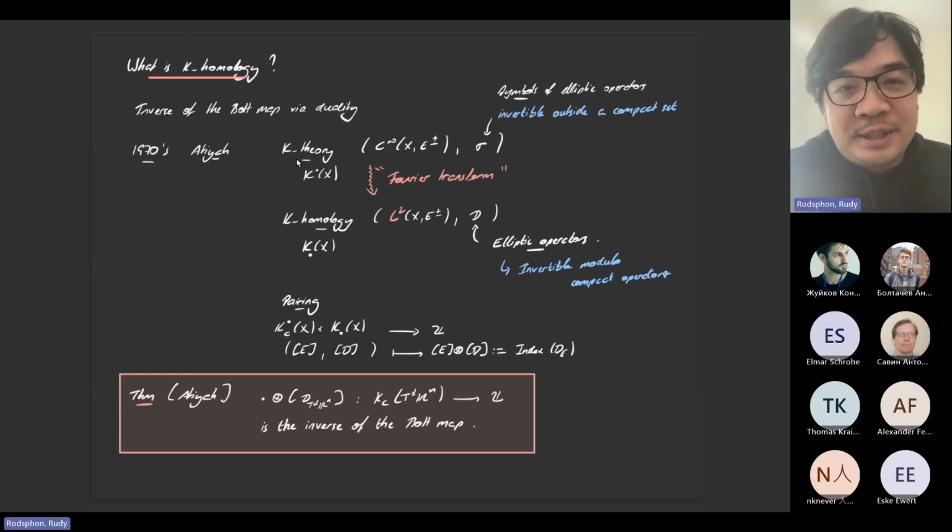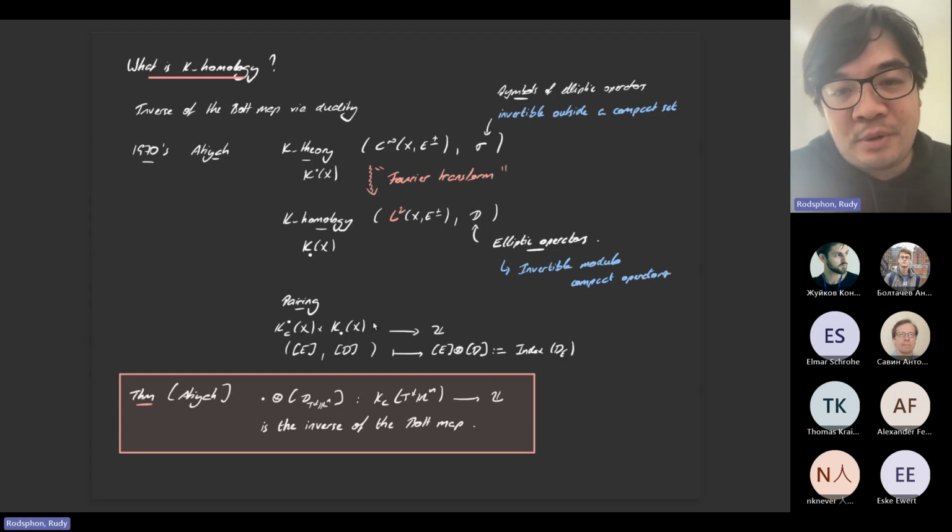And so now we have the two theories, which are the cohomology theory here and the homology theory in here. And there is a pairing that's associated to that this way. So if we have a vector bundle E here, and we have D here, which is an elliptic operator, then there's a construction where we can twist the operator to make it act on E. And then it turns out this operator has an index, and you can take its index here.